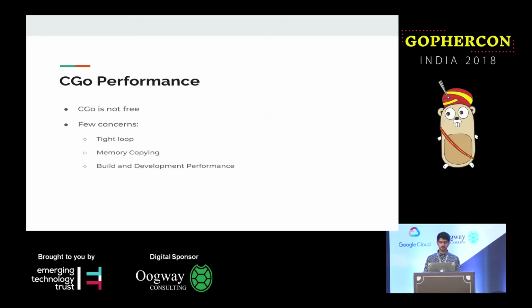So now we have done all these things and written the program, but we still have to think about performance. We saw memory leaks and how to take care of those, but performance is not free. When you're crossing language boundaries, you have to know that the Go runtime will switch stacks, and that is an expensive operation.